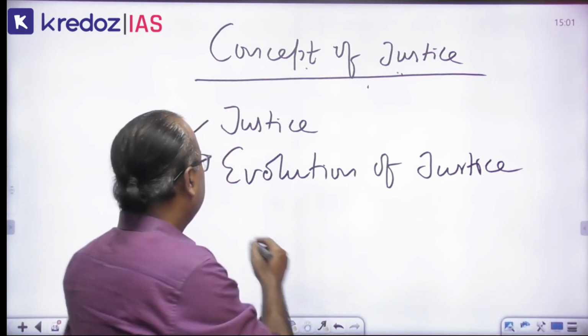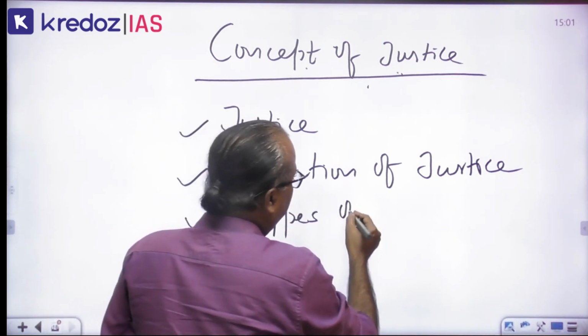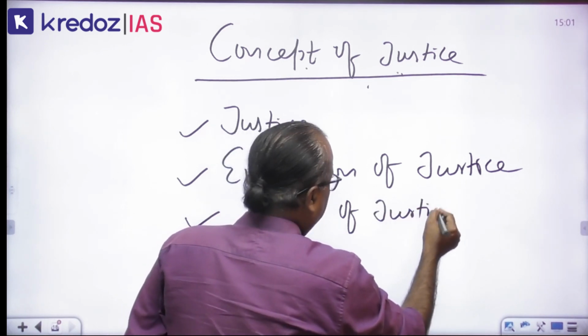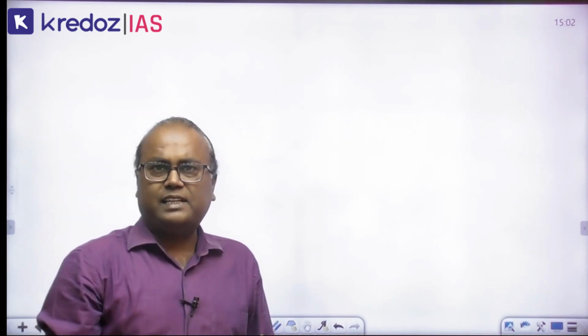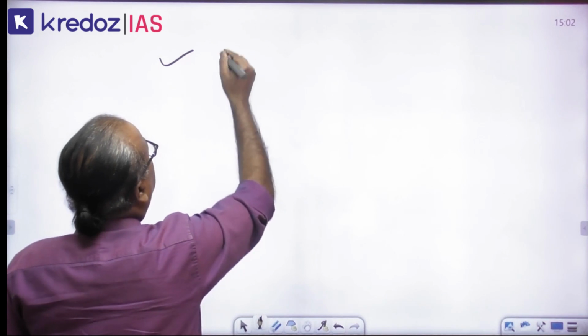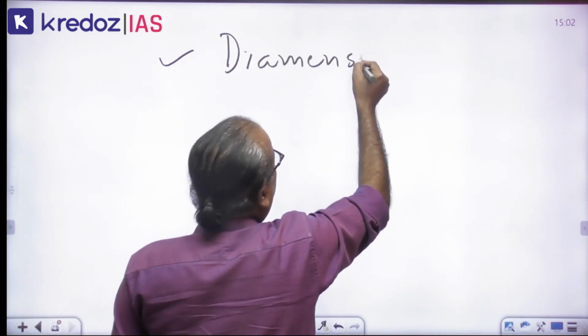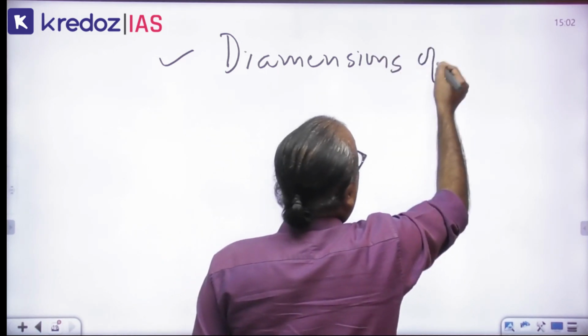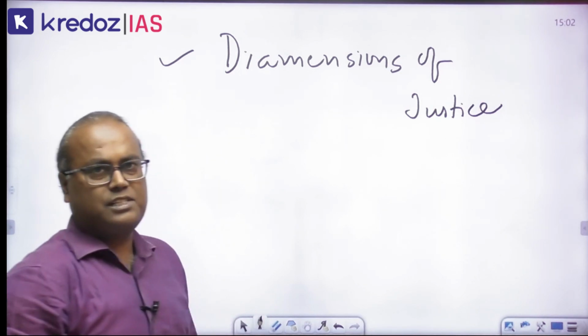Now we have different sorts of justice, types of justice. Once we cover these types of justice, after that we will know about the different dimensions of justice.